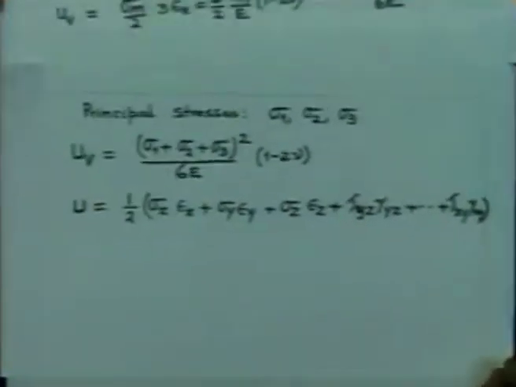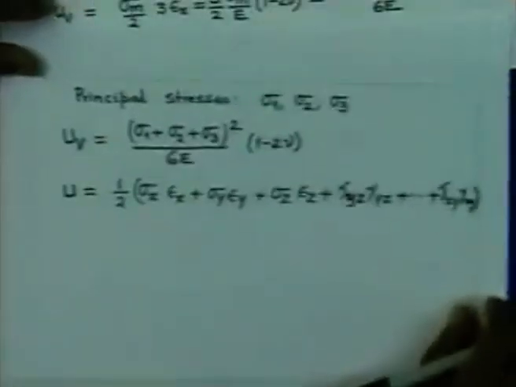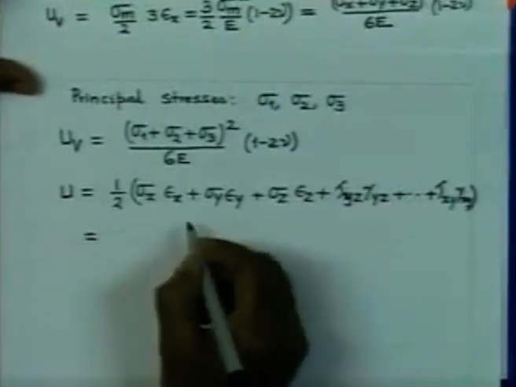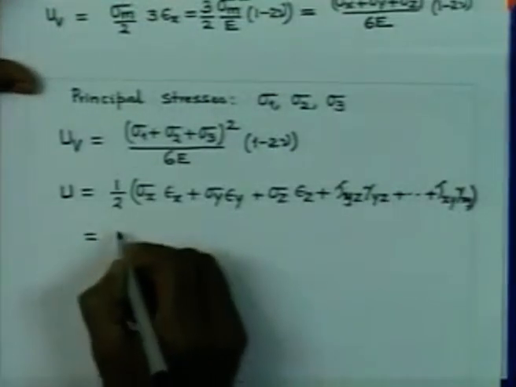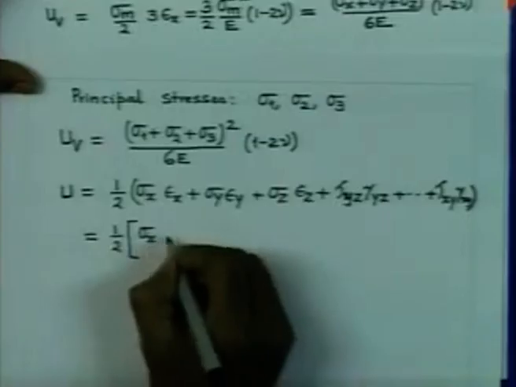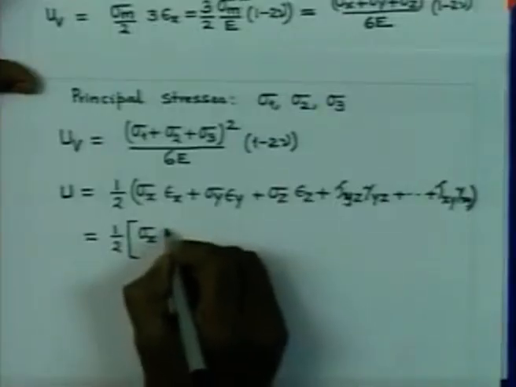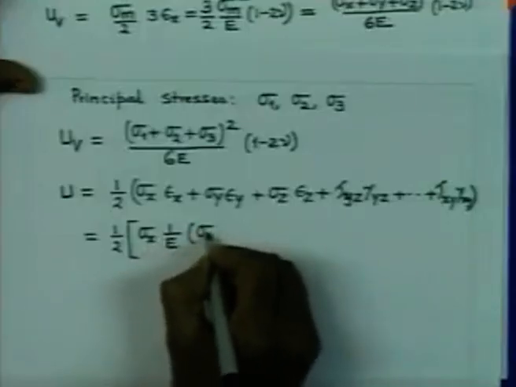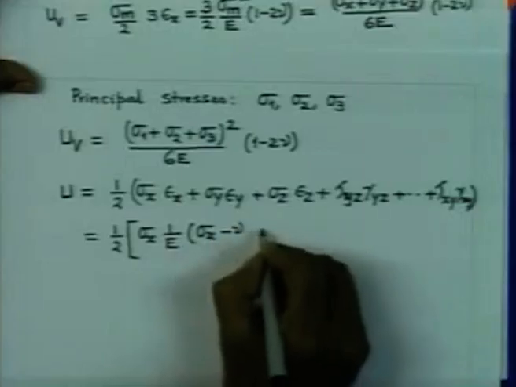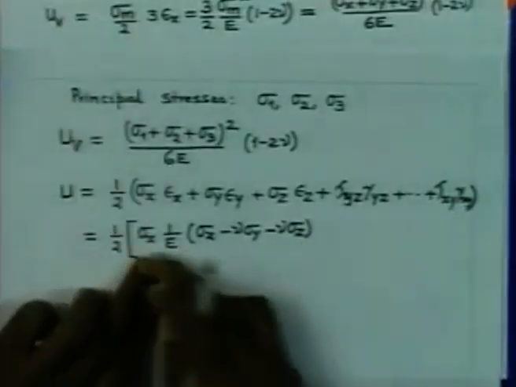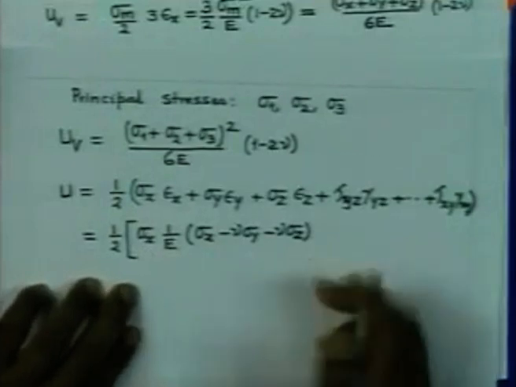Now, if I am trying to work in terms of the Cartesian components of the strains, then we will have this given by sigma x multiplied by 1 by E sigma x minus nu times sigma y minus nu times sigma z. So, that is the strain in the x direction.